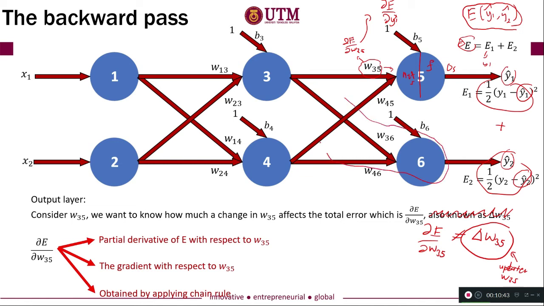So there is no relation between W35 and y2 hat, but there is a relation between W35 and y1 hat, because to find y1 hat you need to know W35, but to find y2 hat you don't have to know W35. y2 hat only depends on b6, W36 and W46, which is this one.